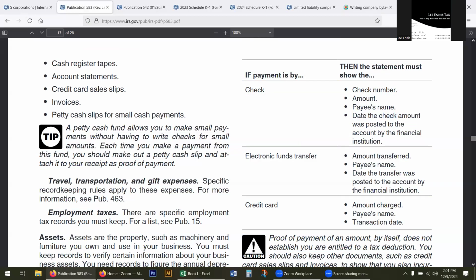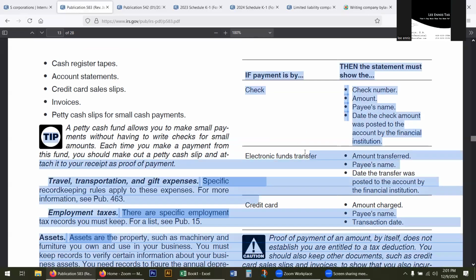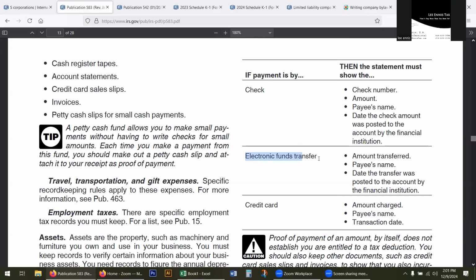Okay, if you're doing electronic funds transfer, and this is again transfer from bank to bank, you have to have the amount transferred, the person's name, and the date the transfer was posted to the account. All right.